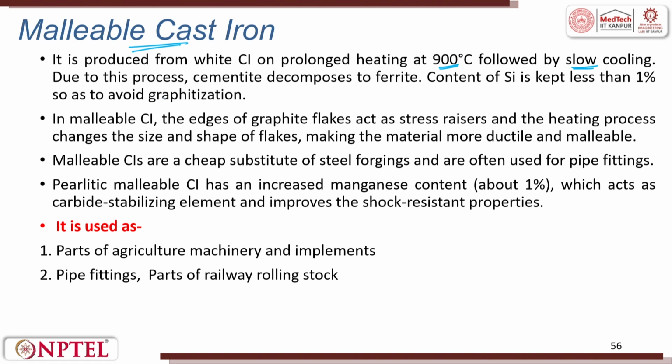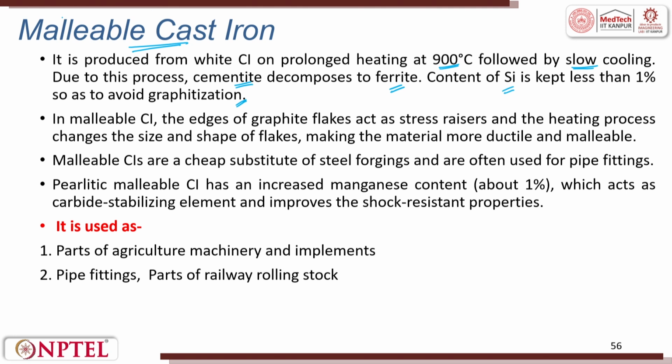Due to this process, cementite tries to decompose into ferrite, and the silicon which is kept is less than 1% so as to avoid graphitization. So, silicon also plays an important role to avoid graphitization.